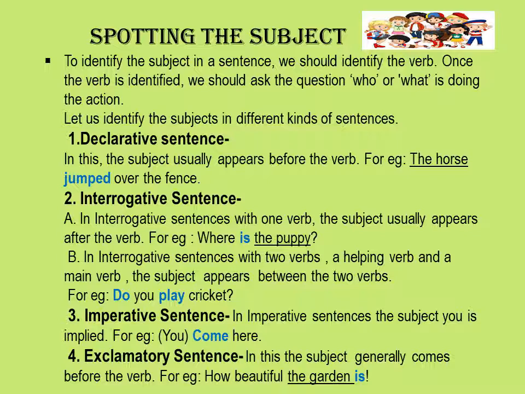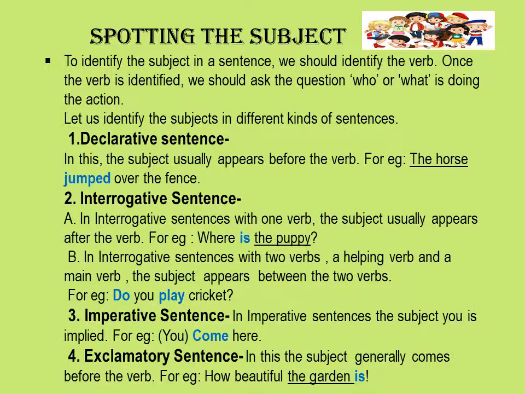Means your sentence starts with you. For example, you come here. So come is your verb and you is your subject. Exclamatory sentence. In this, the subject generally comes before the verb. For example, how beautiful the garden is. Again, is is your helping verb, and about the garden we are talking.